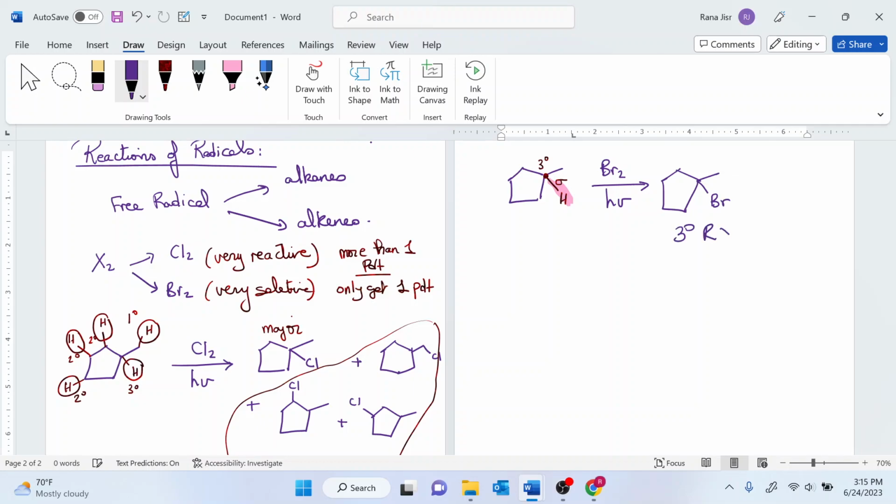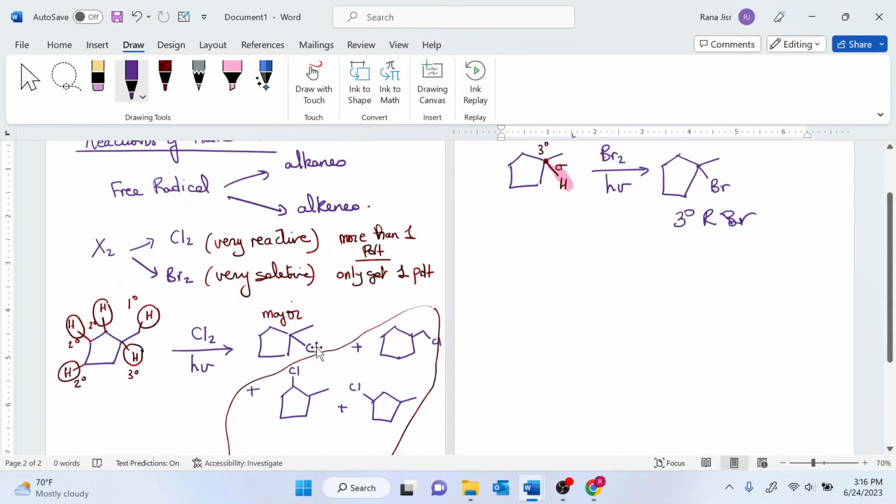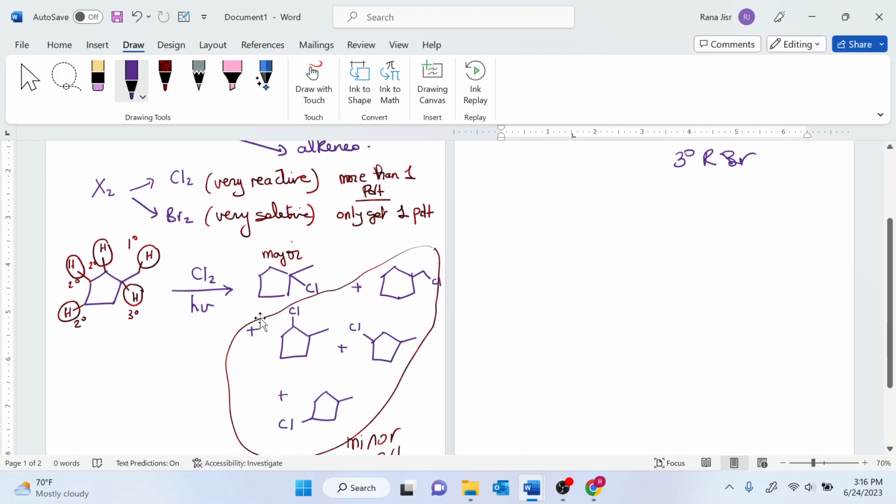There's the tertiary alkyl bromide in this case. So notice the difference between a bromine reaction and a chlorine reaction. A chlorine reaction is very reactive. So chlorine is going to proceed by replacing every different hydrogen. So you're going to end up getting more than one product depending on the number of hydrogens. And all the products are constitutional isomers with respect to each other.